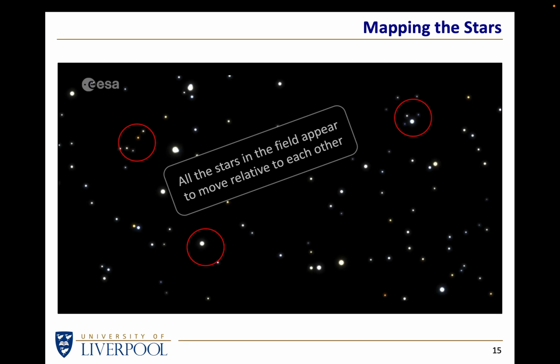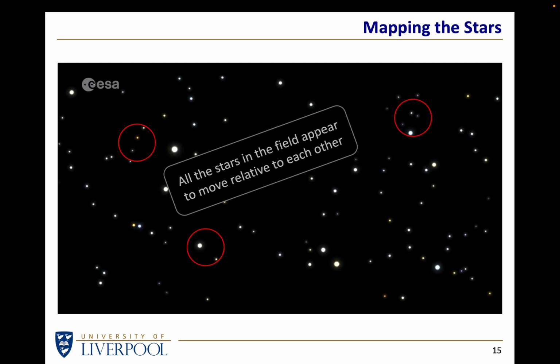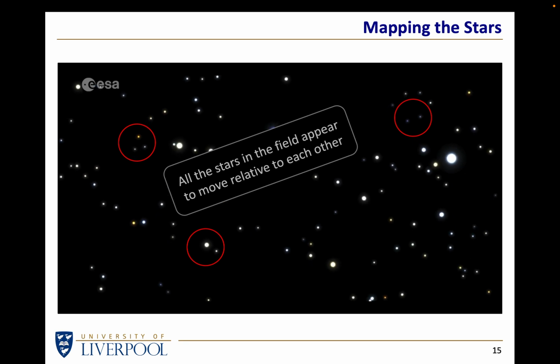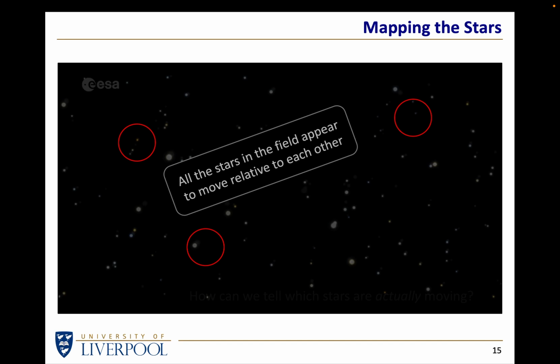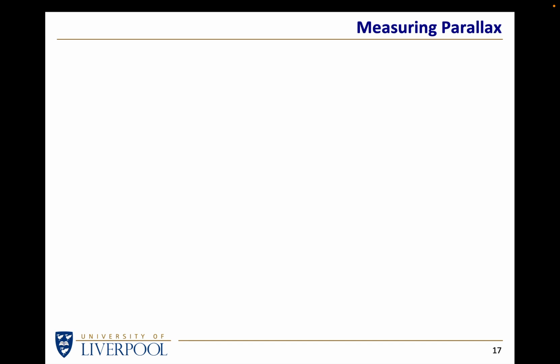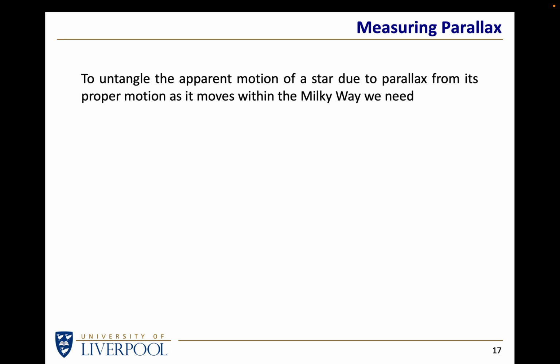Some are moving quite slowly, some are moving quite quickly. We've got to untangle all of that motion to try and figure out what's actually going on. How can we tell which ones are actually moving if everything seems to be moving relative to everything else in the sky? So we need to untangle the two.